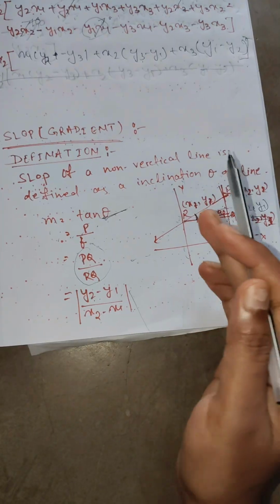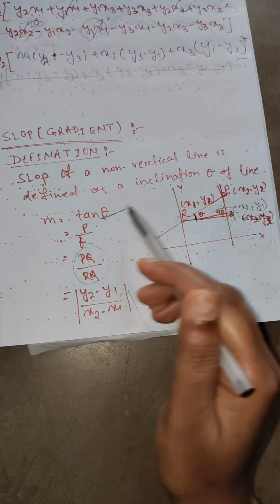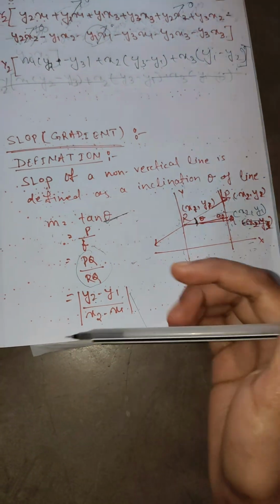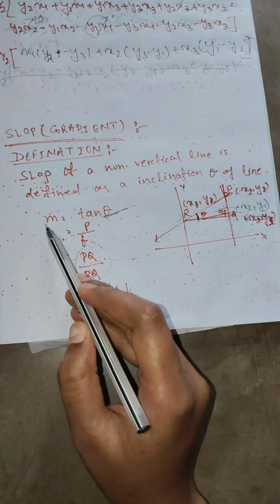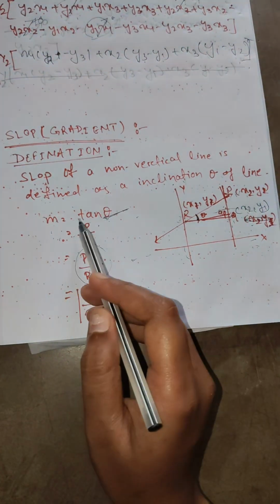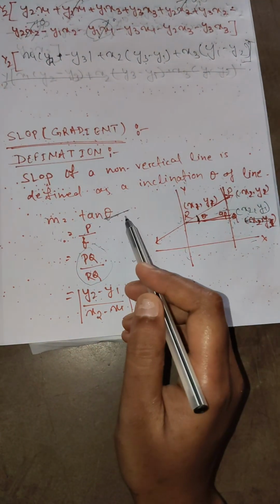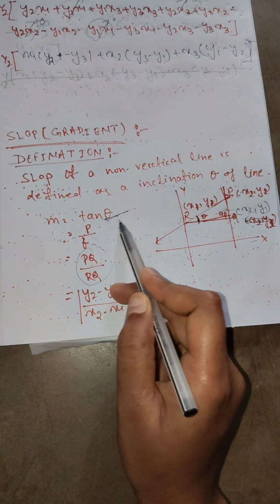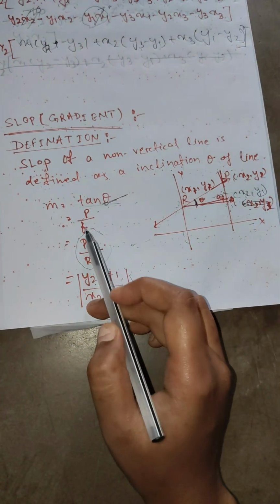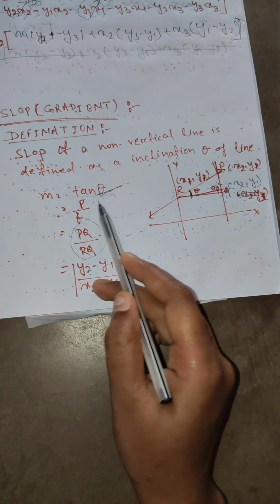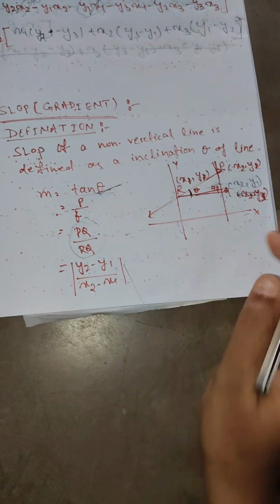So how do we write this formula in the coordinate system? Let's see. m, as we know, is represented by tan theta. The tan theta by trigonometry we can write as P divided by B, where P is the perpendicular and B is the base.